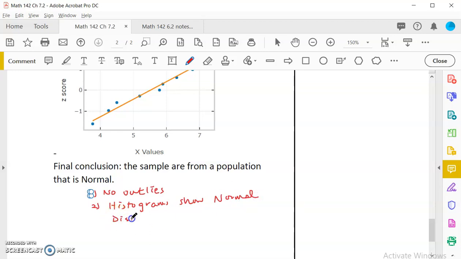It does not depart from being a bell shape. It is very bell shaped. And 3, the quantile plot has points close to a straight line. Quantile plot is sometimes called a probability plot, sometimes called a normal quantile plot.